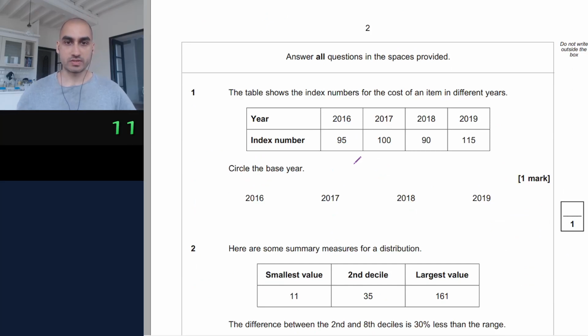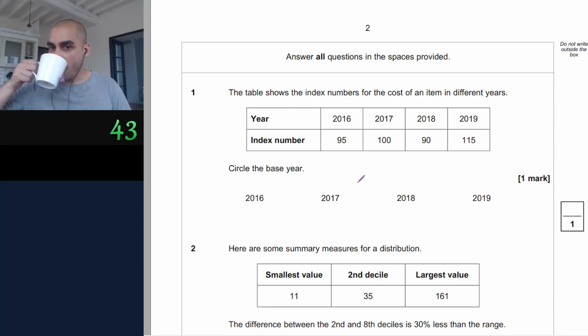All right, the table shows the index numbers for the cost of an item in different years. Circle the base year. What? Base year? What the heck is the base year? I have no idea what the base year is.